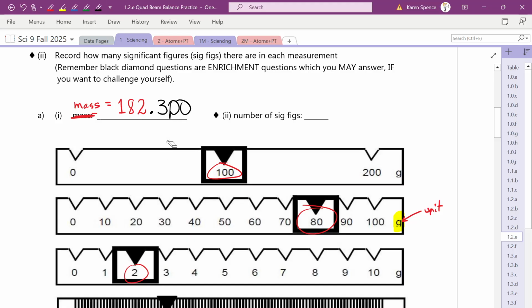Let's make that 0 look like a 0. Do you like my answer? What's missing? Units. Grams. If I said, please show me the uncertain digit, which is the uncertain digit? That's our last one. That's our uncertain digit, or estimated.